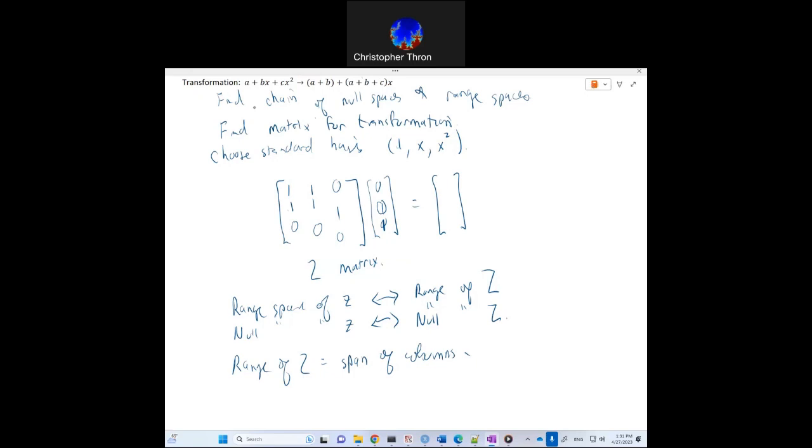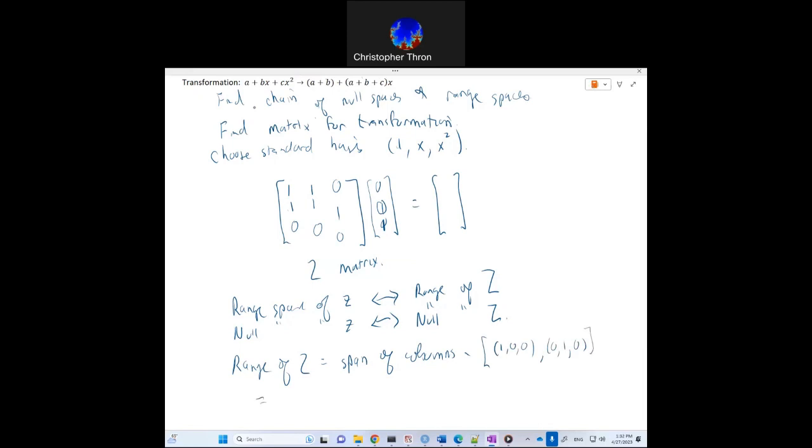Also, you can see that these two vectors span all vectors that have non-zero first two components. So this would be the span of 1, 0, 0, and 0, 1, 0. I could put 1, 1, 0 here and 0, 1, 0, but this span is the same.